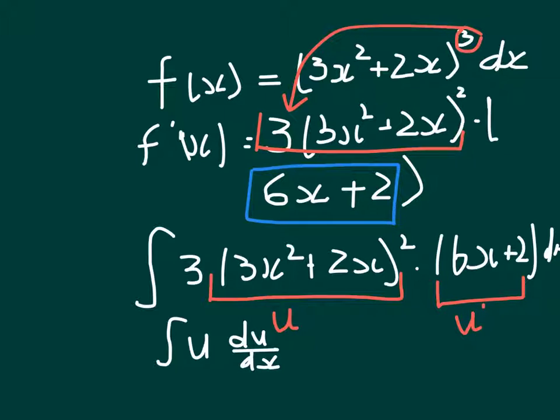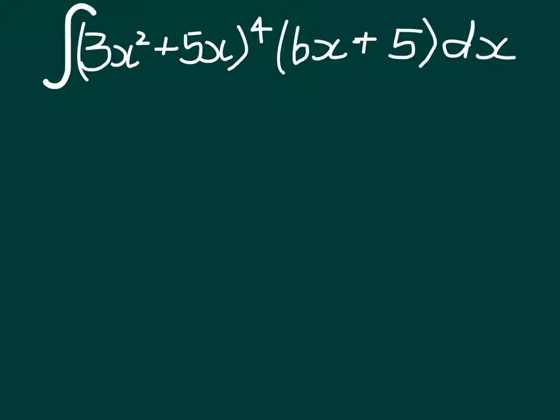So let's look at an example. Okay, if you were given this problem to integrate, then what you have to do is you have to find where your u is and where the du is. So if you look at this problem, you can see you essentially have something there to the power 4. So you're going to put that equal to u. So you're going to say u is equal to 3x squared plus 5x.